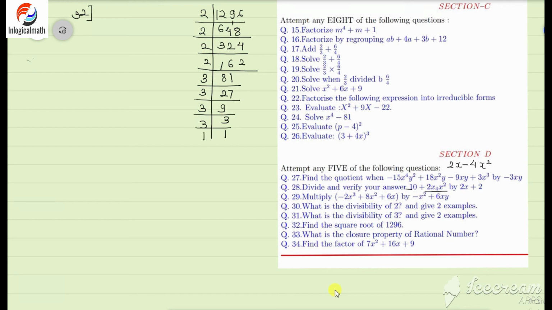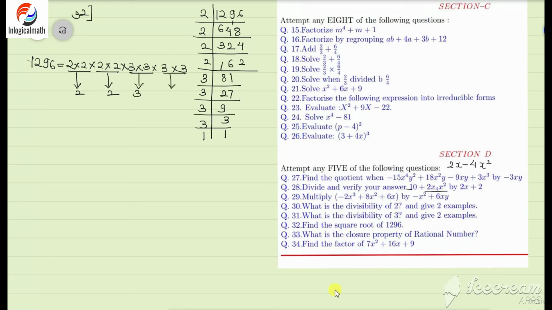Now, what is the prime factorization of 1296? Just 2 multiply 2 multiply 2 multiply 2, multiply 3 multiply 3 multiply 3 multiply 3. If 2 appears 2 times, take it once. This pair comes 2 times, take it once.